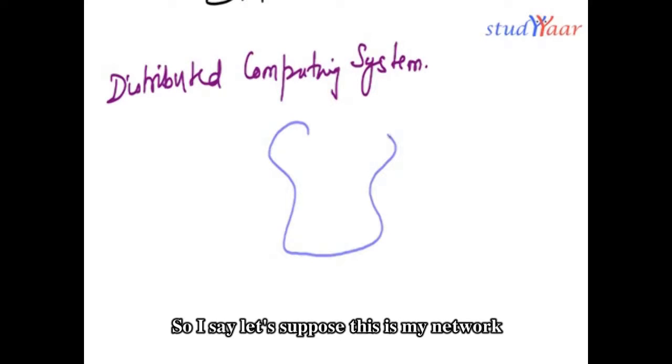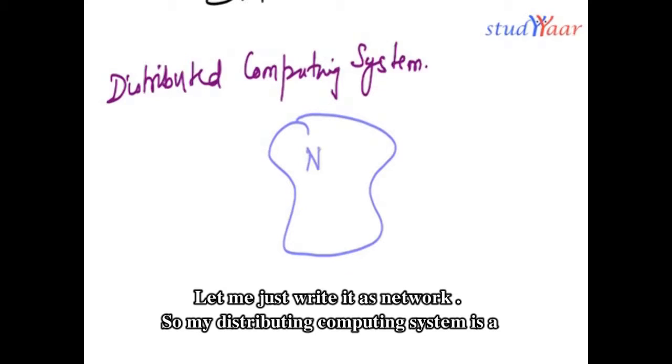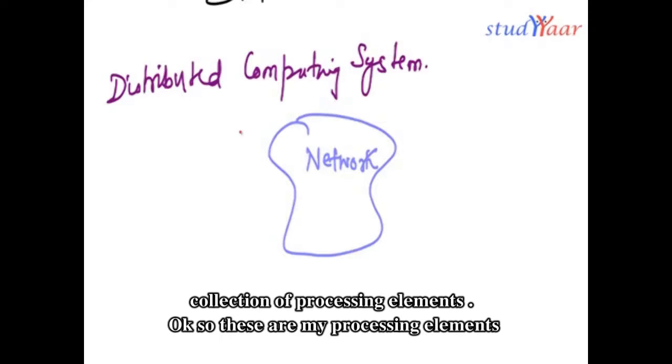So let's suppose this is my network. My distributed computing system is a collection of processing elements.